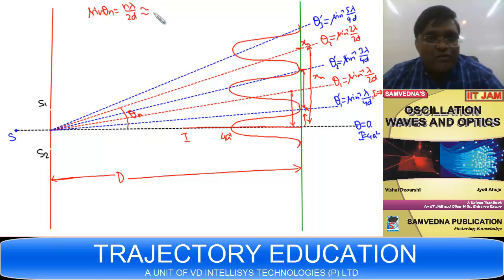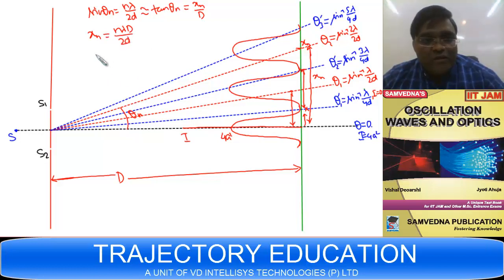So when theta n is very small, sin theta n is almost equal to tan theta n, and tan theta n will be xn by d. So the position of the nth maximum on the screen, which is at a distance of d from the slits, is given by n lambda d upon 2d. This is the position of the nth maxima.